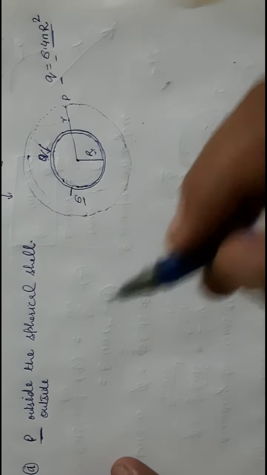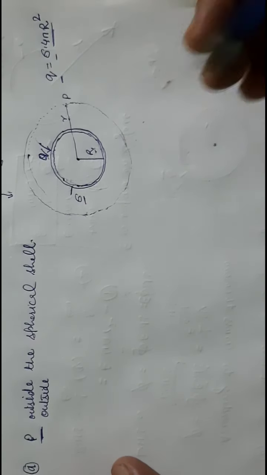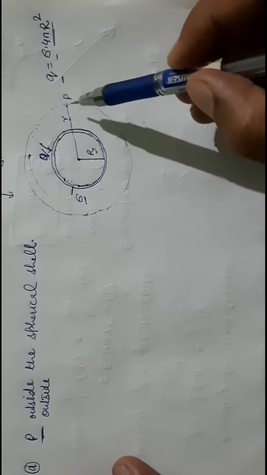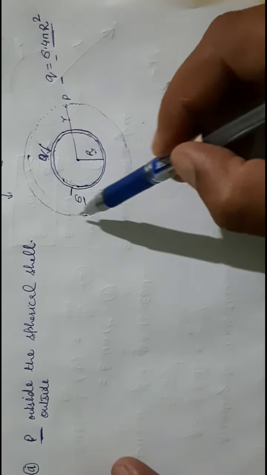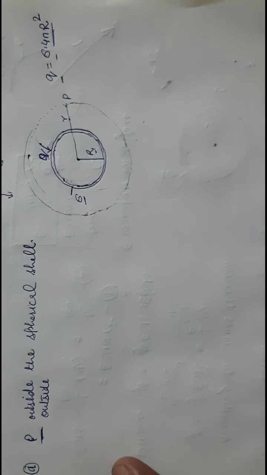Now to find out the electric field at this point, I want to use Gauss theorem. To apply Gauss theorem, I need a closed Gaussian surface. So here I have drawn a spherically symmetrical Gaussian surface of radius r.